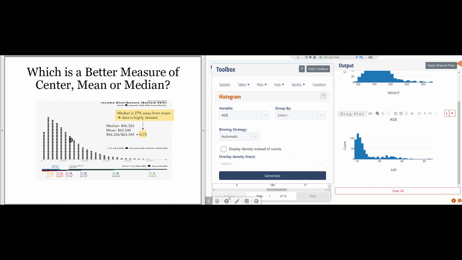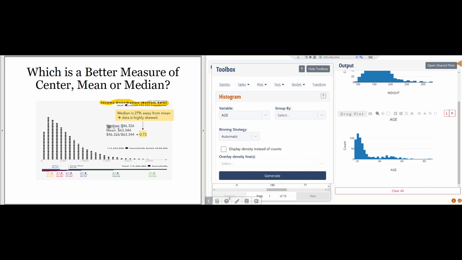This slide shows the income distribution. Sorry, that's a pretty ugly highlight. This is the bottom 98% of households in the United States in 2005. And what we see is that this is a very heavily right-skewed data set, or positively skewed data set.